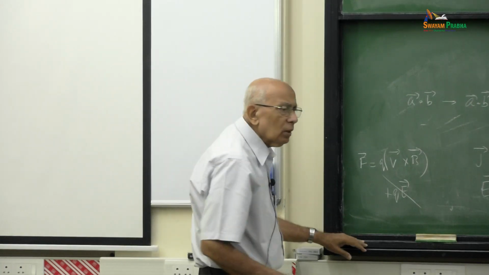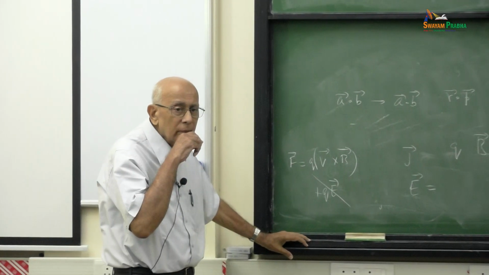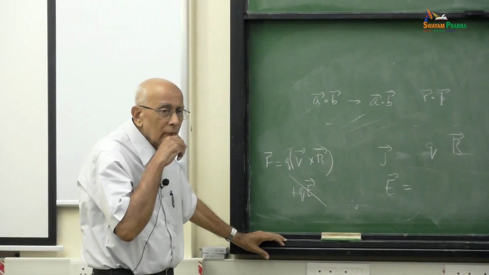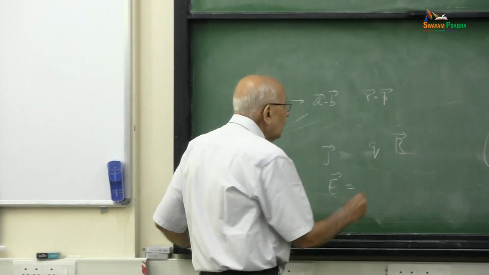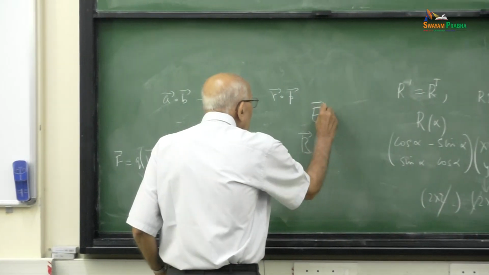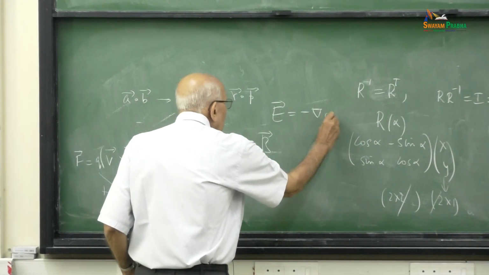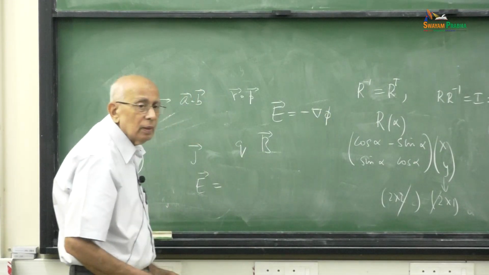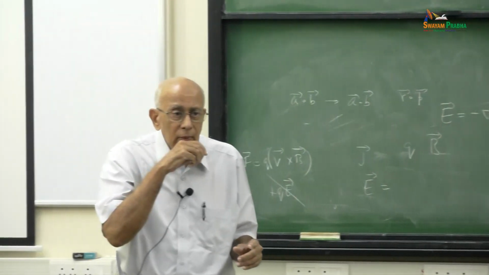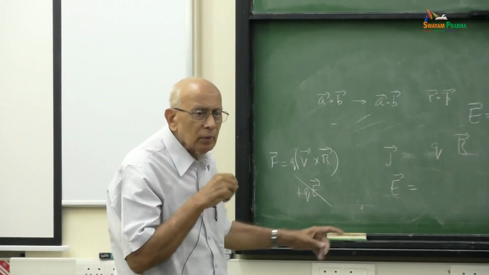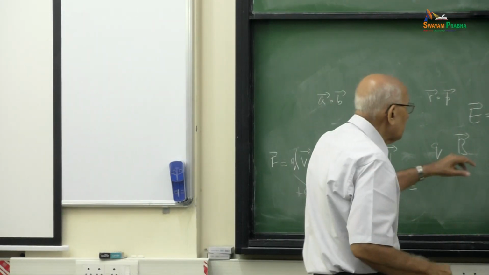Are you familiar with the concept of a potential? You know that an electrostatic field E can be written as minus the gradient of a scalar potential phi. Is this familiar to you? That's the formula for the gradient in a special coordinate system.